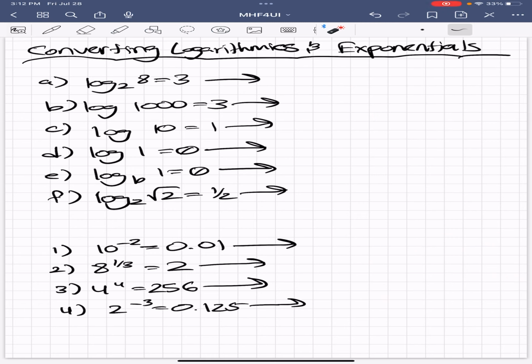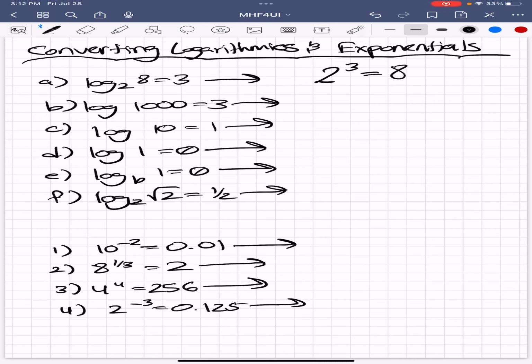There you go. So we have a base of 2, an exponent of 3, and their answer, or y, is 8. So that's how you would rewrite it in exponential form.